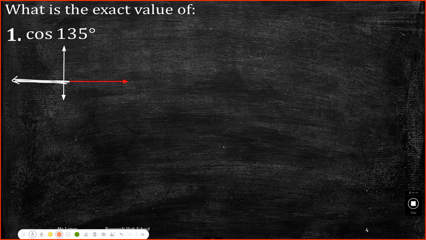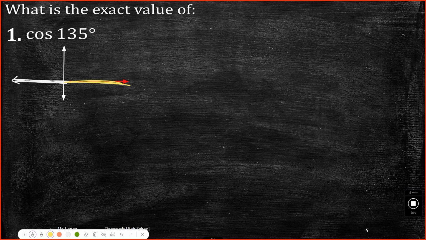All right. So what is the exact value of cosine 135? This is what you were supposed to have done. You went home. I need to get to 135 degrees. Am I going to go up to get to 135 degrees or am I going to go down? Positive angles go up, negative angles go down.